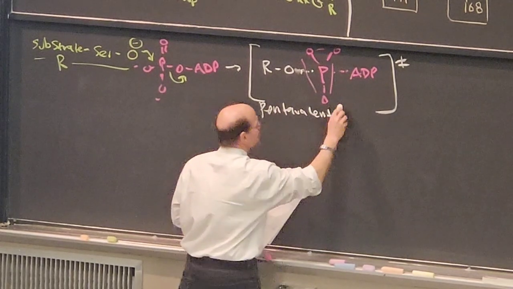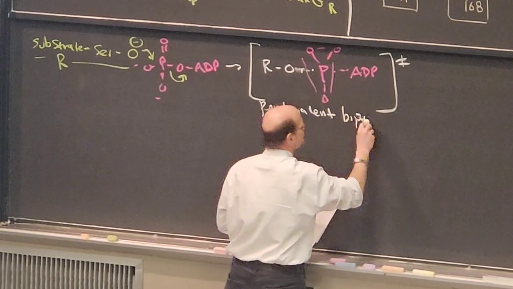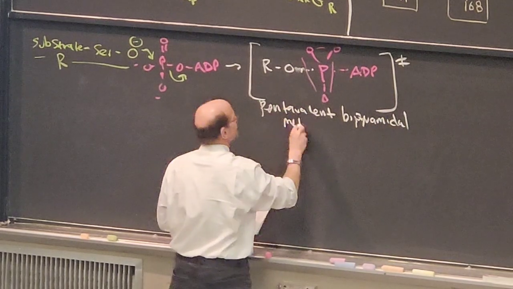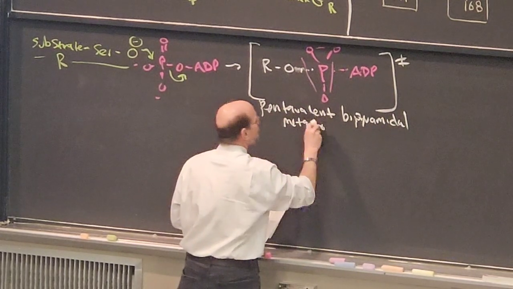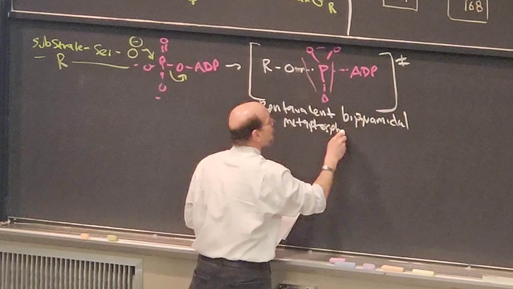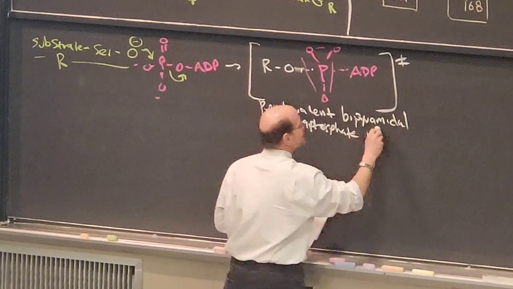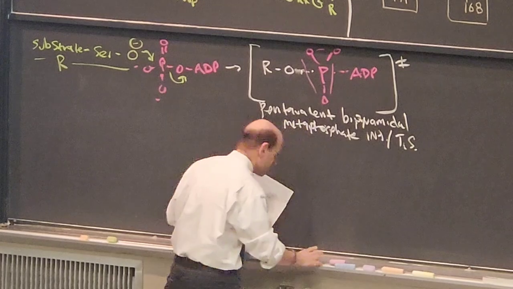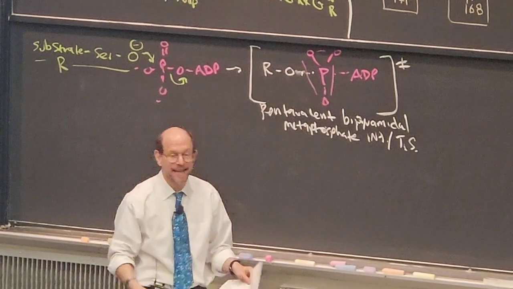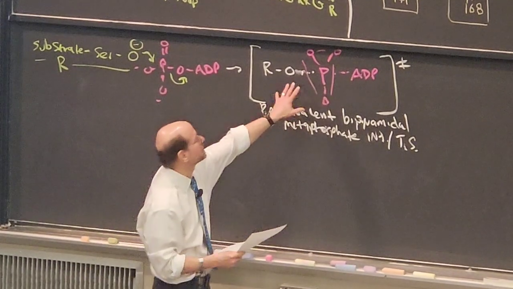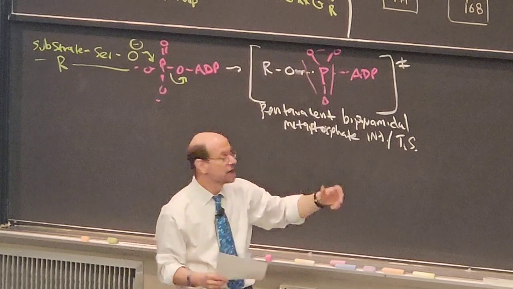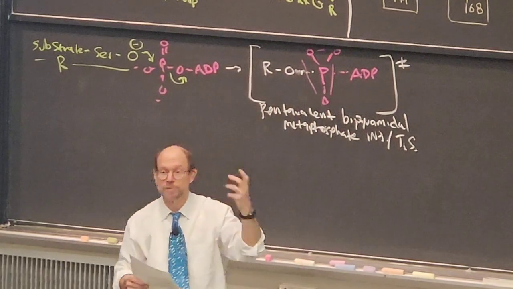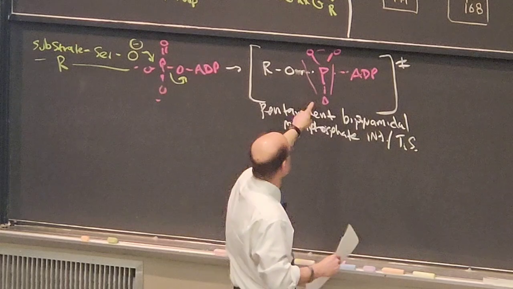Pentavalent, bipyramidal, metaphosphate intermediate or transition state. You've seen this before. You've seen it again and again and again. And I have to stabilize that developing negative charge that I'm seeing here, because as this is forming, I'm beginning to accumulate a lot of negative charge on that phosphate.